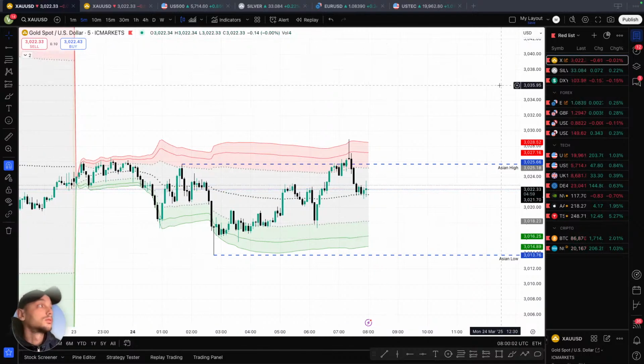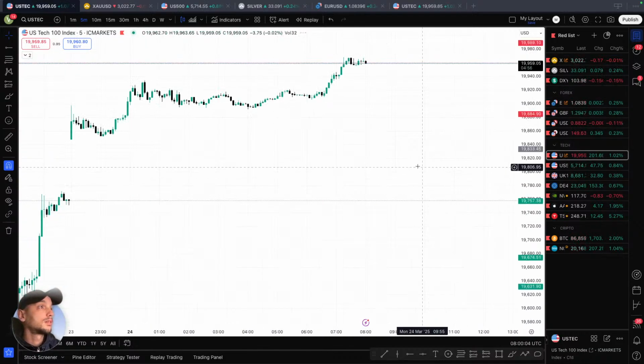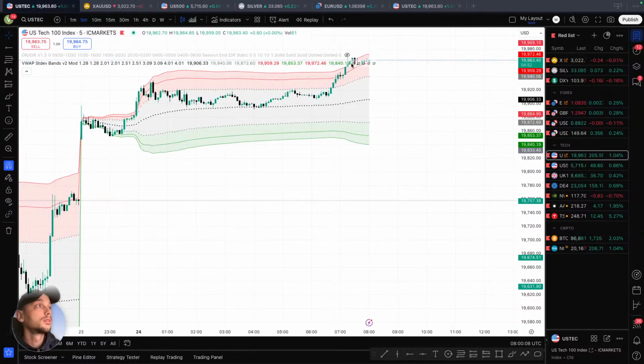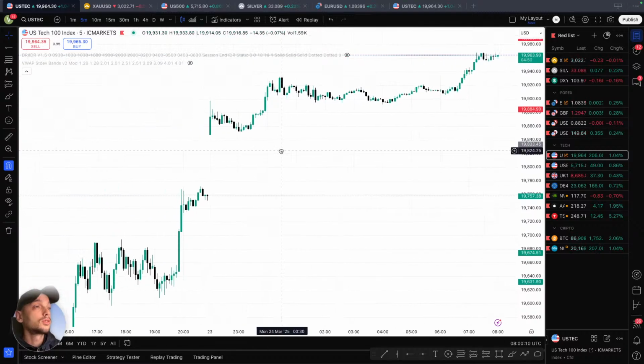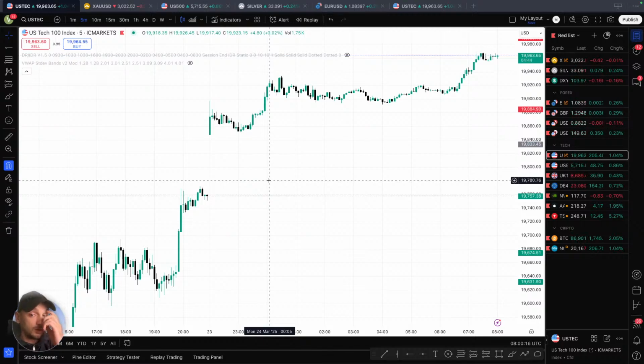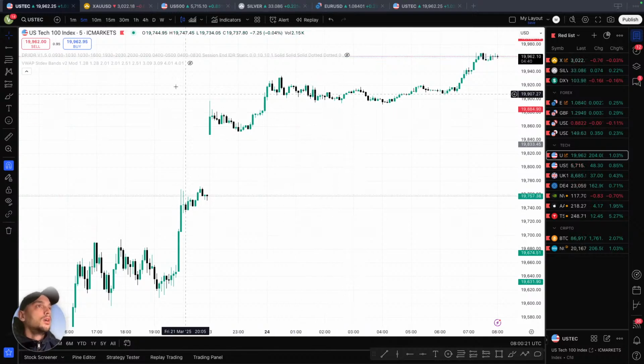This is for gold, so we're gonna jump on Nasdaq. Oh, we open with a big gap here. Usually when you see gaps like this, they need to be filled. Sooner or later, they're gonna be filled. So let's do the same here.